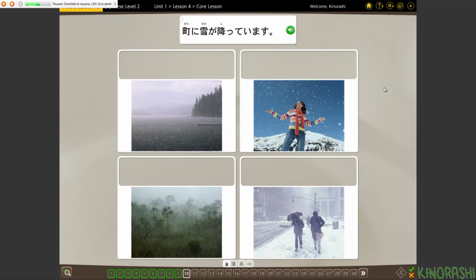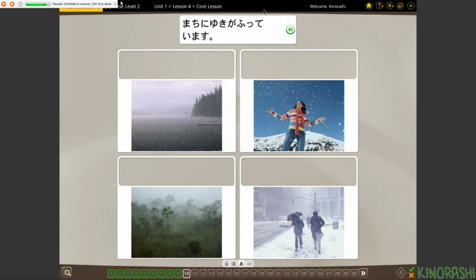街に雪が降っています。Remember correctly. Let's see. What was the word for snow?